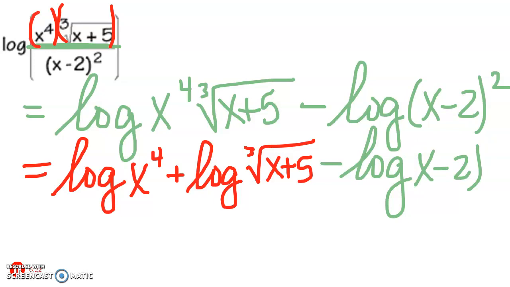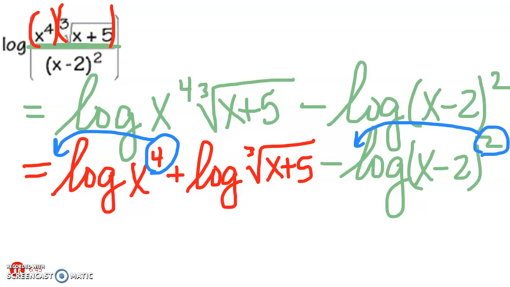Next, let's worry about these little exponents that come out front, right? So, this little exponent here is going to come out front. And this little exponent here is going to come out front. Okay.